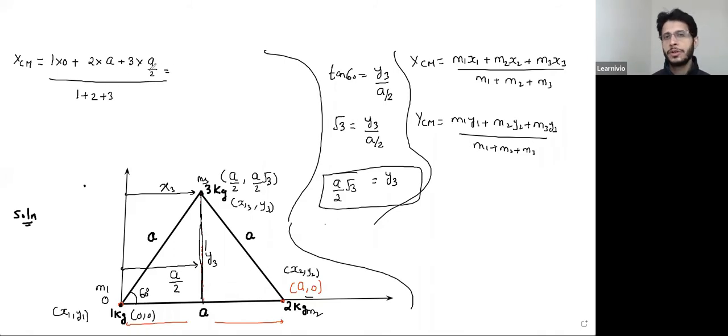That's 2a plus 3a by 2, which is 7a by 2, over 6. Sania, you're making mistakes even in addition. 2a plus 3a by 2 is 7a by 2, into 1 by 6, so that's 7a by 12.